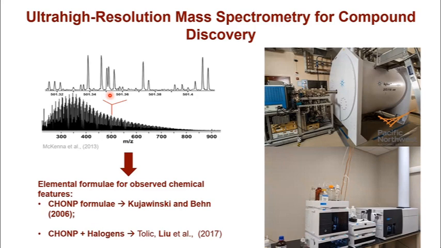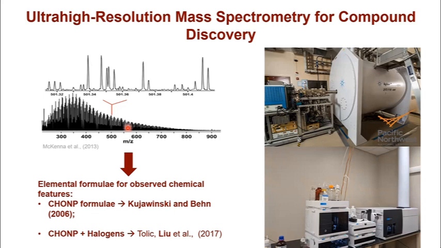Liz Kujawinski, who I did my postdoc with at Woods Hole, has an algorithm that can assign formulas to these peaks based on the normal elements, CHONP. The problem is, even with ultra high resolution, the more elements you allow, the more false identities you will have.